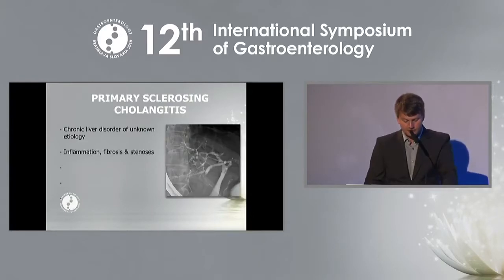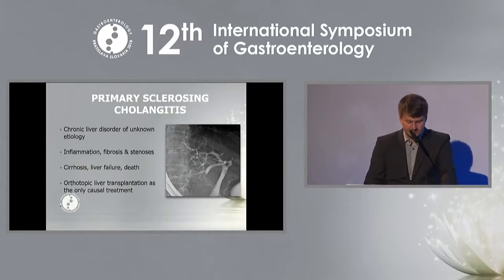As for primary sclerosing cholangitis, of course, it is still a liver disorder of unknown etiology, characterized by inflammation, fibrosis, and stenosis of the biliary tree, both extra- and intrahepatic, as you can see in the typical beading in the cholangiogram, leading eventually to cirrhosis, liver failure, transplantation, or death.